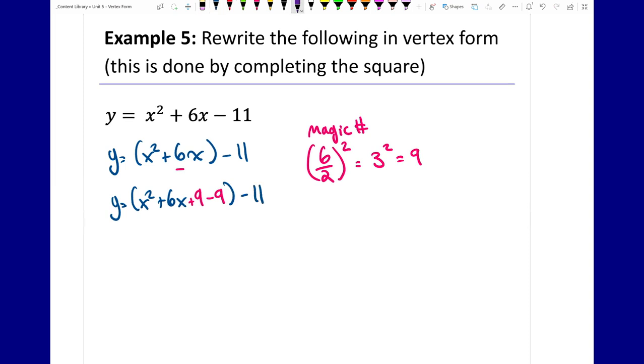The next step says I do have to move that negative value, the negative magic number, out. So I get y equals x squared plus 6x plus 9 minus 11 minus 9.